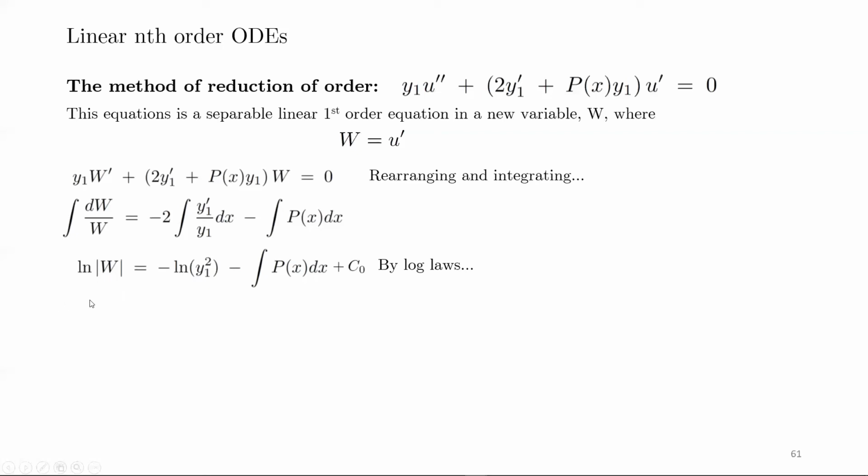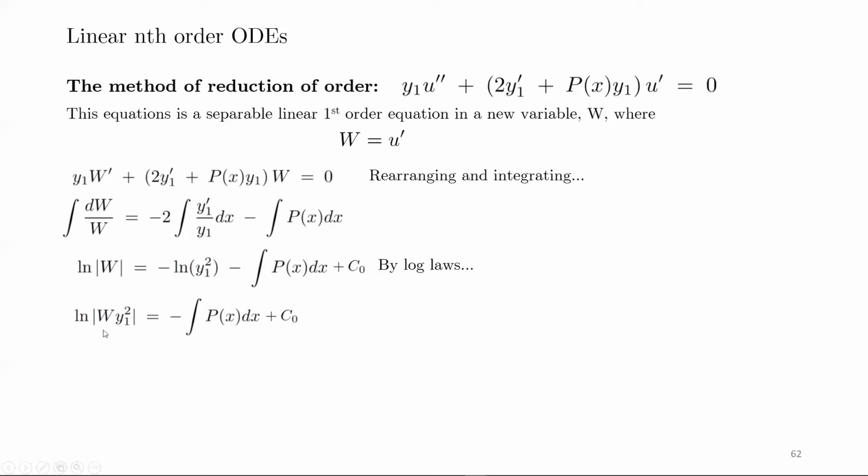So the log of a plus the log of b equals the log of a times b. So therefore on the left hand side I get the log of w times y1 squared equals the negative of this integral of this function p, which again is problem dependent, plus our arbitrary integration constant.